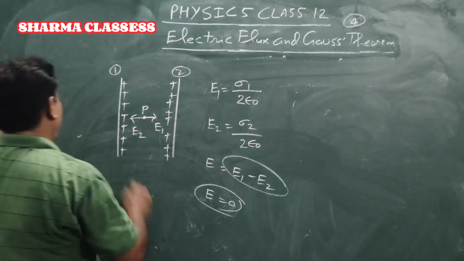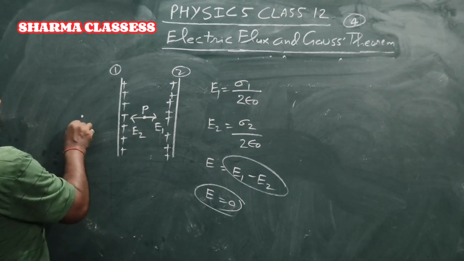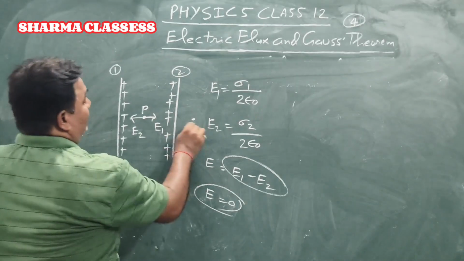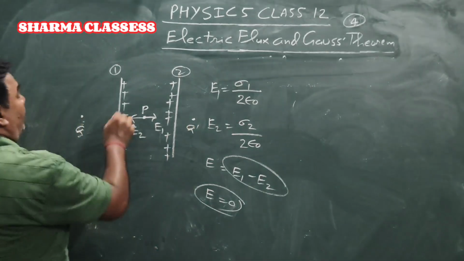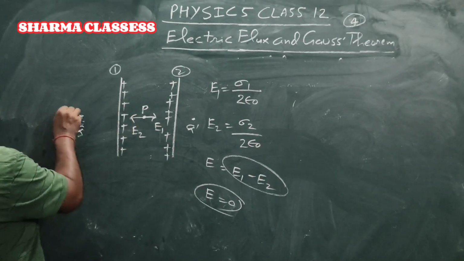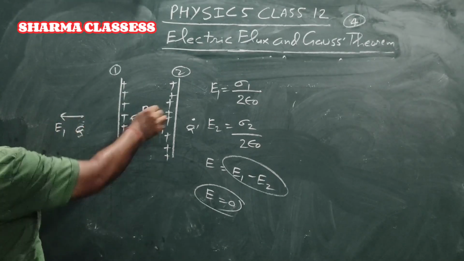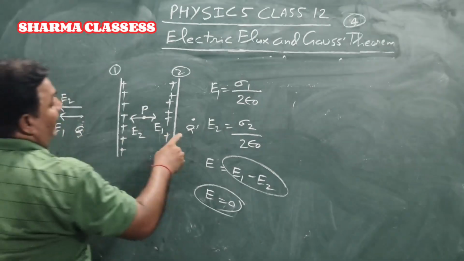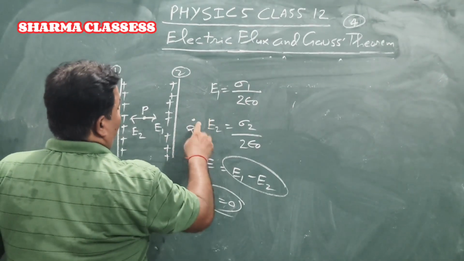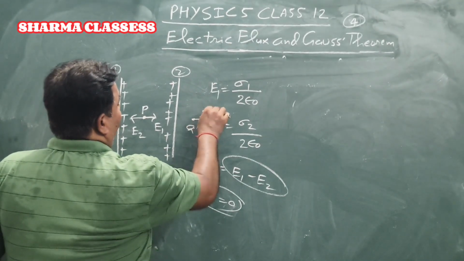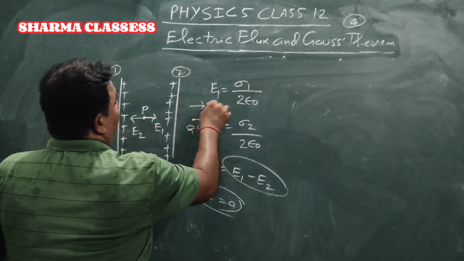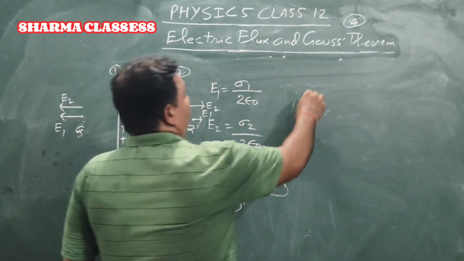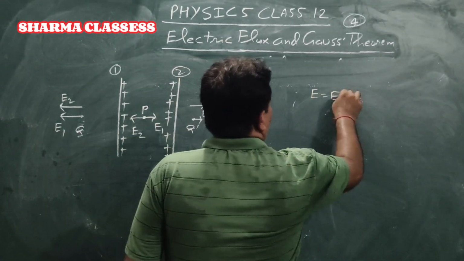Outside, at any point P dash, Q, R, Q dash, the electric field due to the first sheet is away from the charge, E1, and due to the second sheet is also away, E2, in the same direction. Similarly at point Q dash, E1 and E2 are also in the same direction. So the intensity is E equal to E1 plus E2.